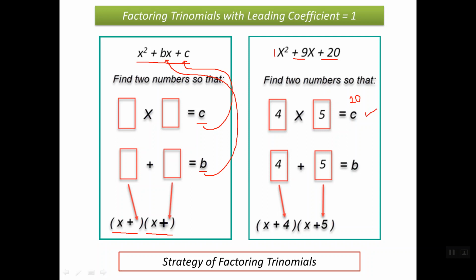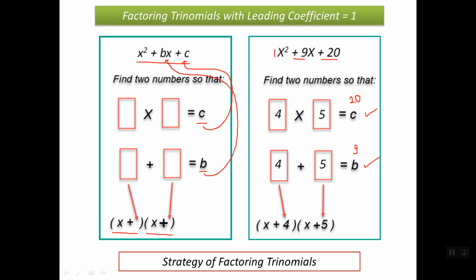So the first condition is fulfilled, while the other condition is that the addition of the two numbers should be equal to the value of b. 4 plus 5 is equal to plus 9, exactly the value of b.